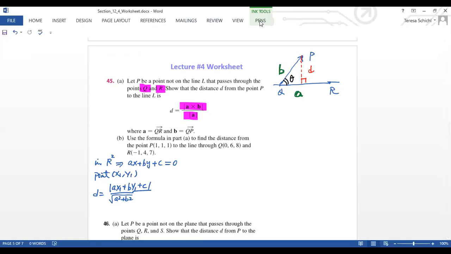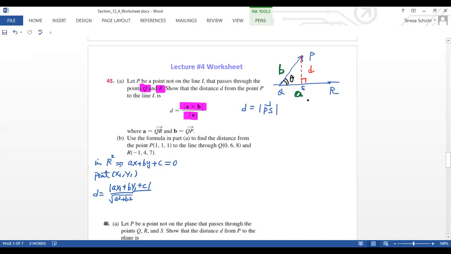So in here, you see, the distance we try to find really is the length of what? Let's say this is the point S. So it's the length of PS here, all right? And this PS is the distance.